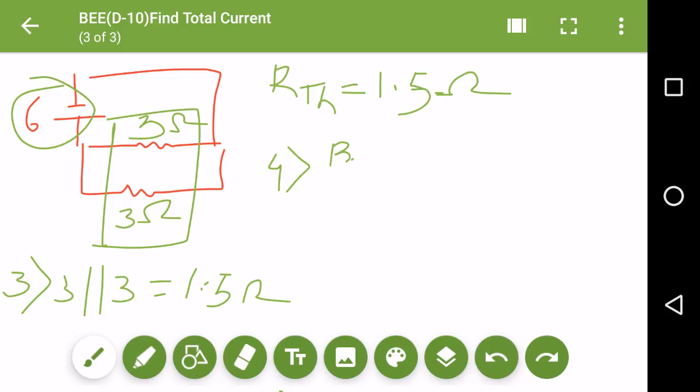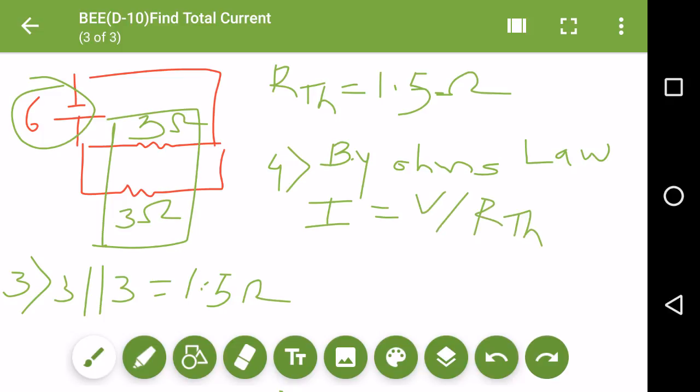By Ohm's law, current I is equal to total voltage upon total resistance of the circuit. Voltage is given, 6, and the resistance which we just found is 1.5.